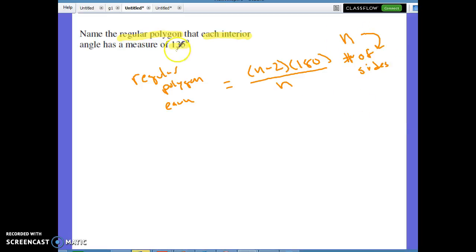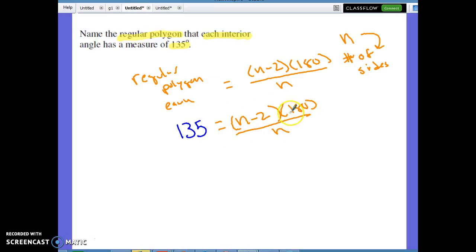So again, we know the angle measure. We do not know n. That's what we're trying to solve for. So we plug in 135 equals n minus 2 times 180 all over n.